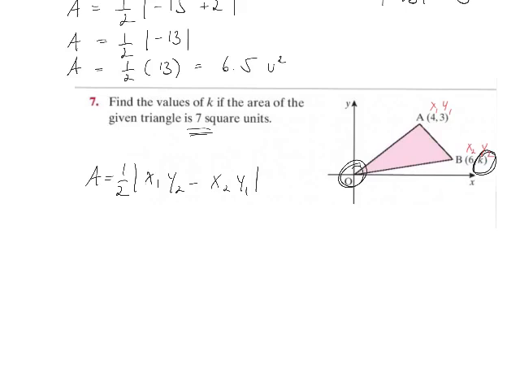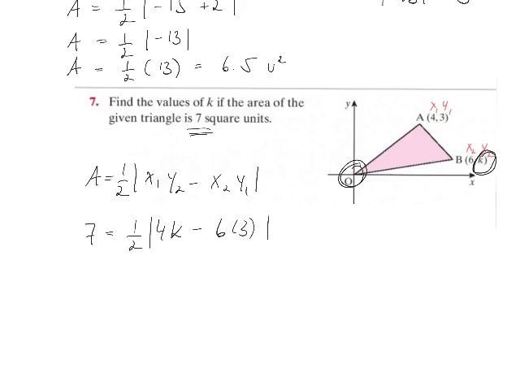Okay, so we know that the area is 7. We are given that. 7 is 1/2 modulus of: x1 is 4, y2 is k, minus x2 is 6, y1 is 3.